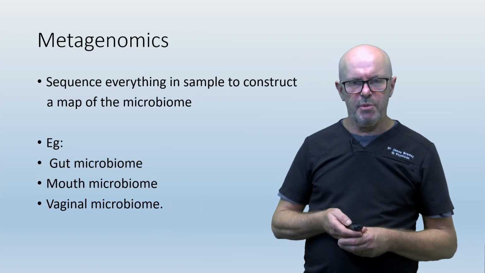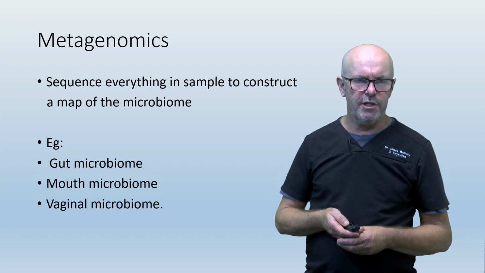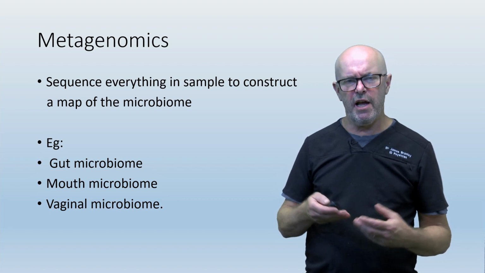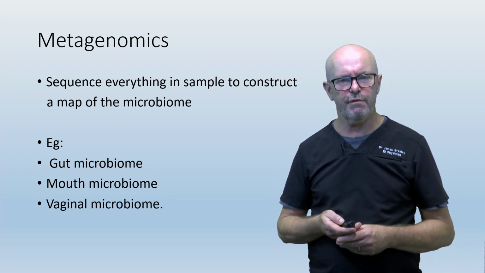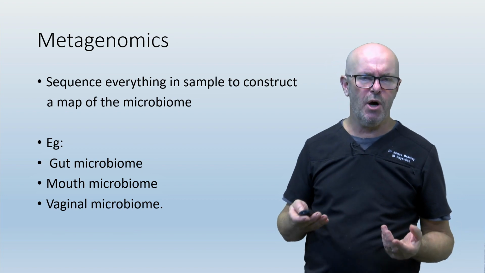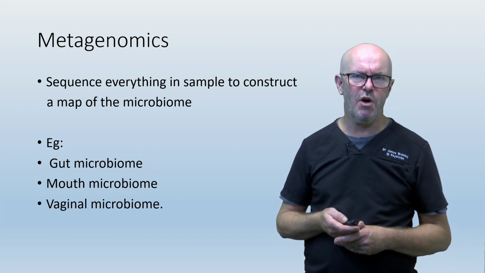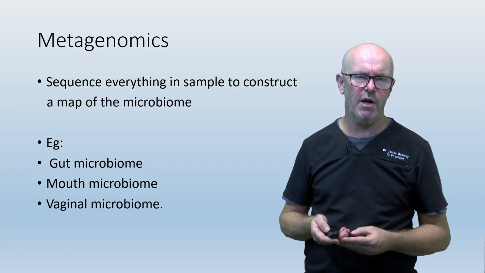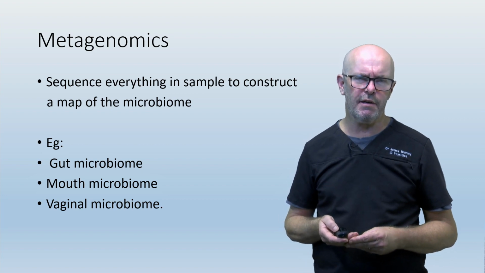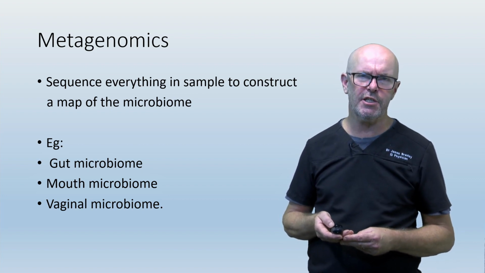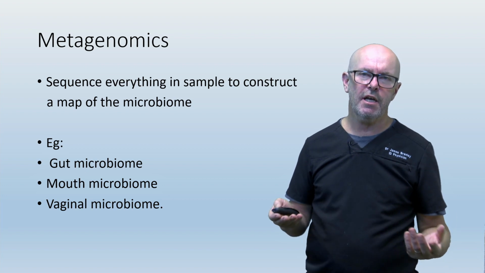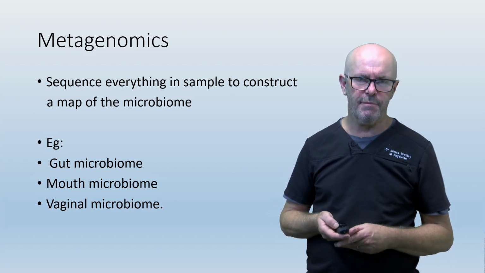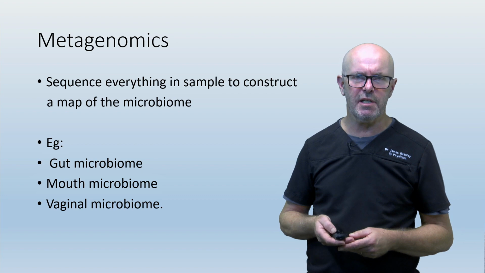As well as the gut, it's been done in selected regions like the mouth and the vagina, and this leads to the terminology of mouth and vaginal microbiome, describing the entire organism complement of those sites. So very useful technique for looking at large changes in organisms in non-sterile sites in particular. And I think we'll hear more about this as we go further on.